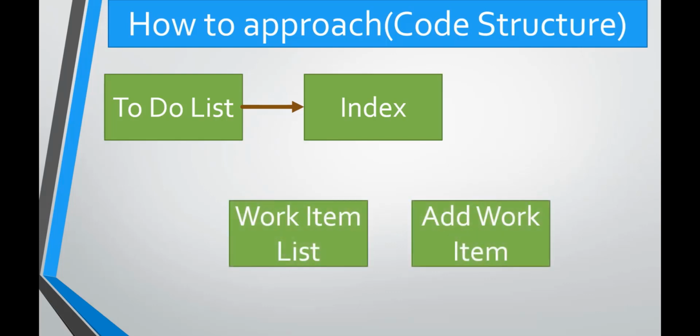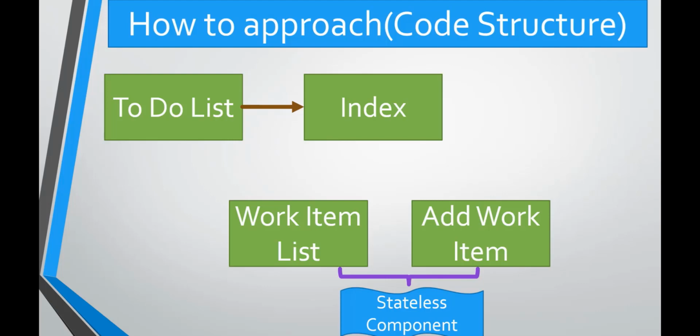I'll also have two files in this folder: one for the work item list that shows all the items in our list, and a second one for add work item. As we saw in the previous screen, when we click on add work item, a simple pop-up box appears which helps us add items dynamically.